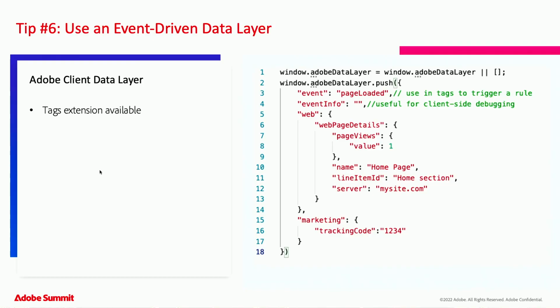For each event on a page, in a single-page app, or any event on a page, from page load to button click, becomes an event, and your developers just push that data into the data layer, and the extension, or the ACDL, the Adobe Client Data Layer, just reads the most recent values set into your data layer.